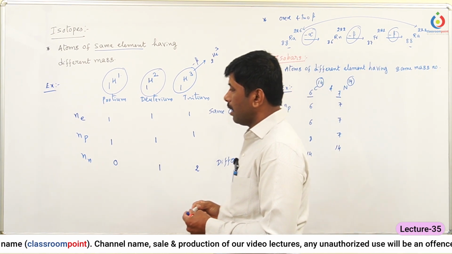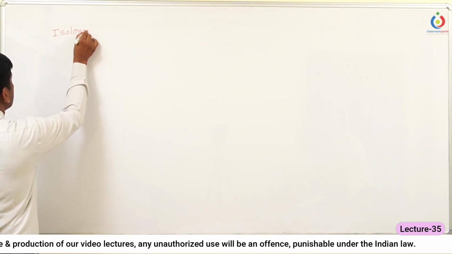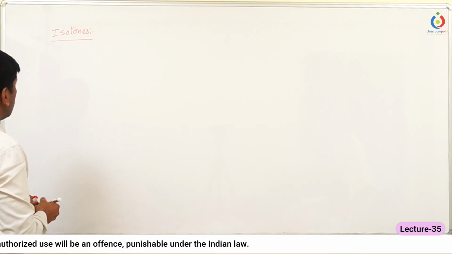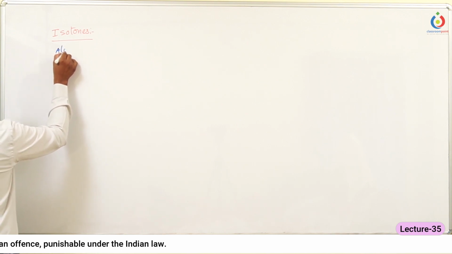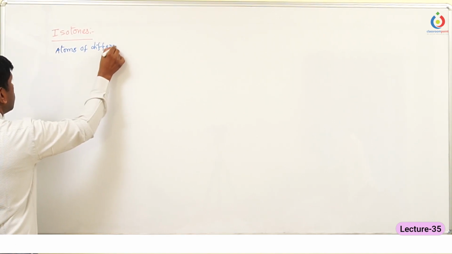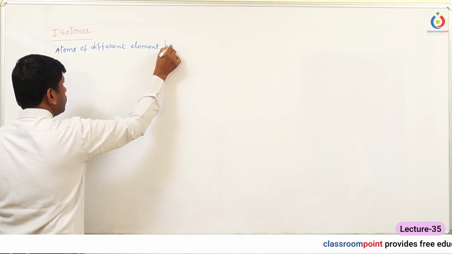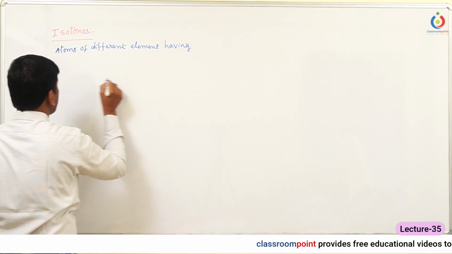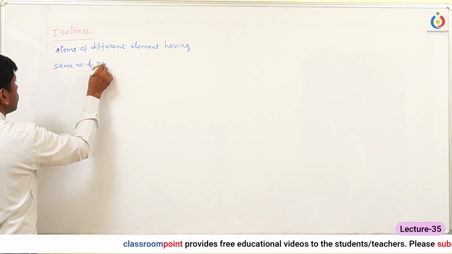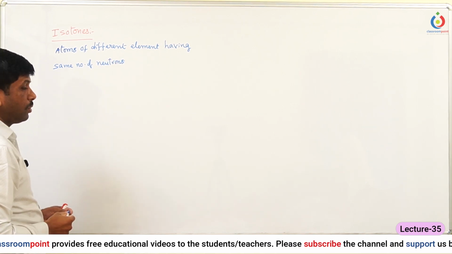So now let us see the isotones. Isotones, atoms of different elements having the same number of neutrons are called the isotones.